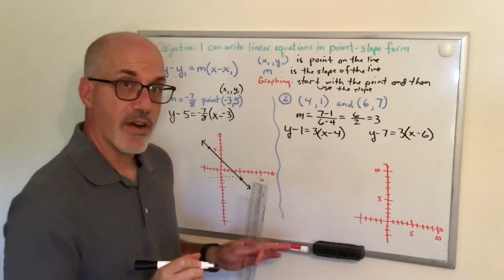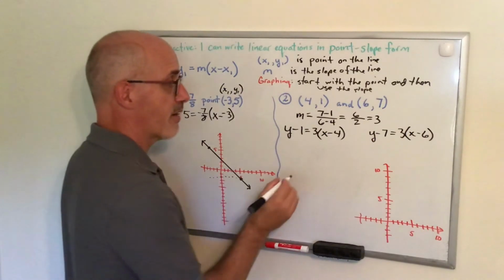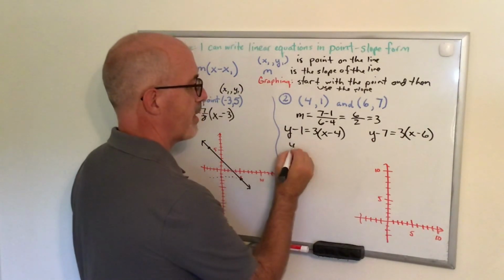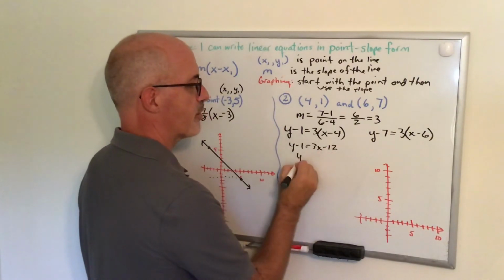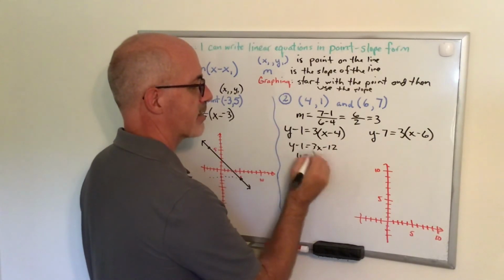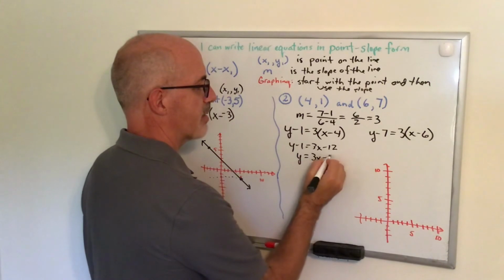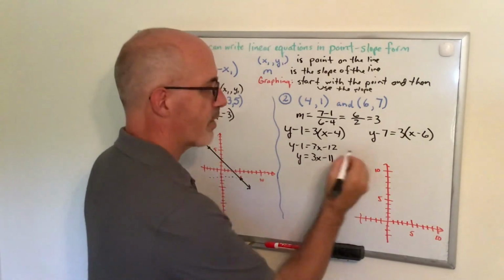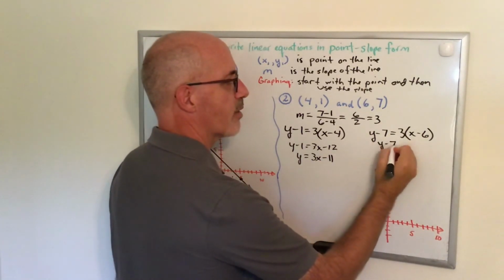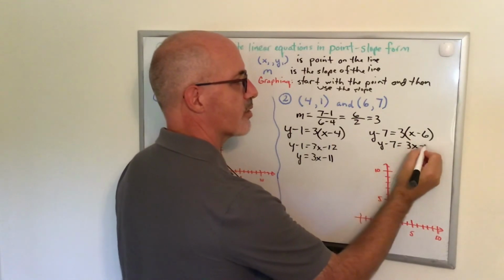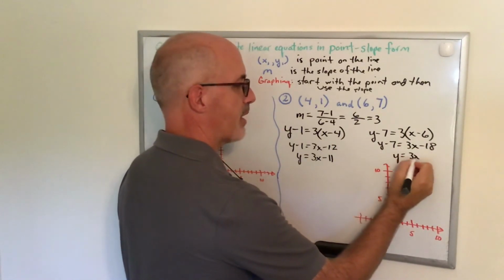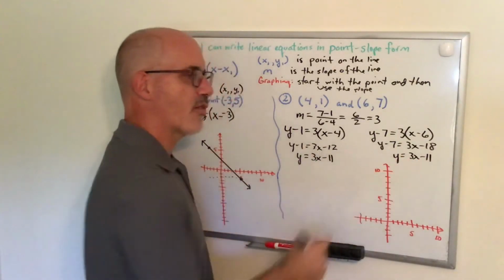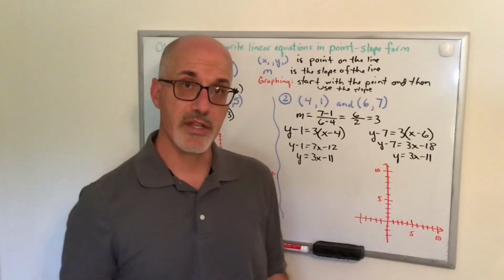If I were to simplify both into slope-intercept form, with the first one, y minus 1 equals 3x minus 12, add 1 to both sides, and y equals 3x minus 11. Over here, same idea. Go ahead and distribute through the 3, so it's minus 18, add 7 to both sides, and you get 3x minus 11. Same formula in slope-intercept form.